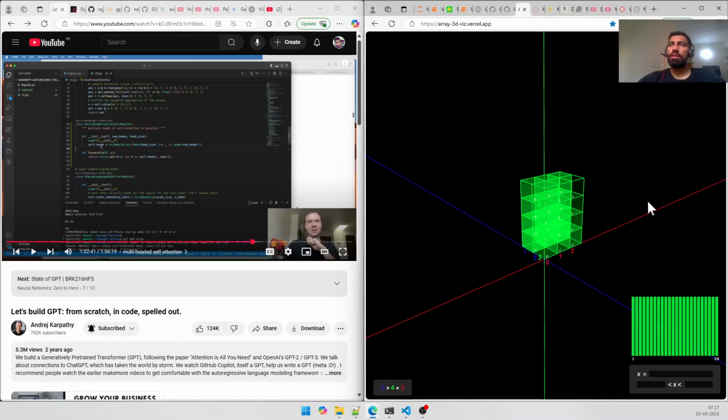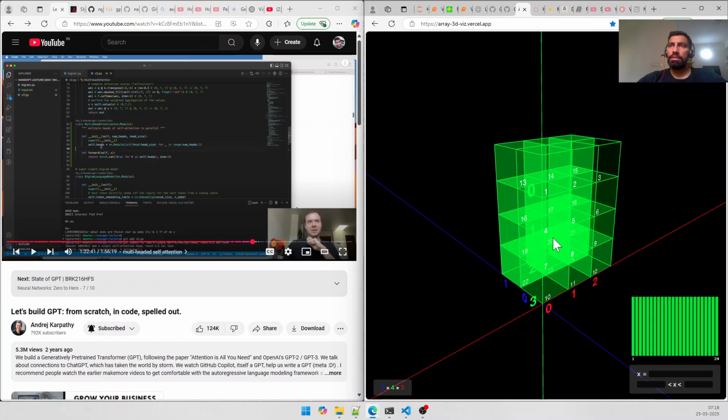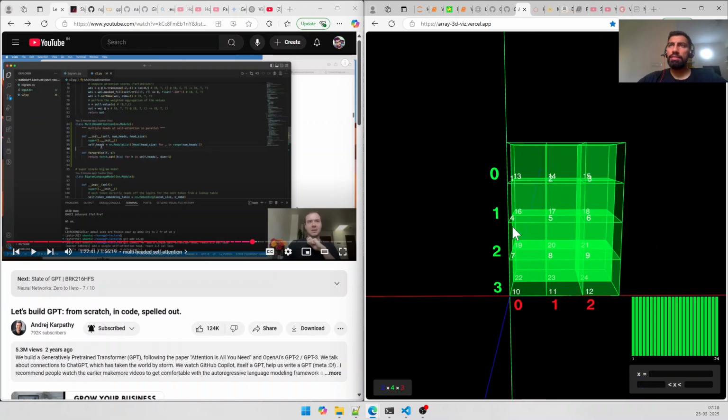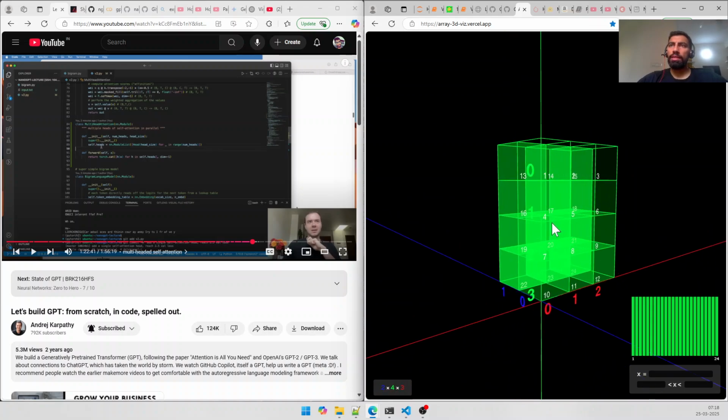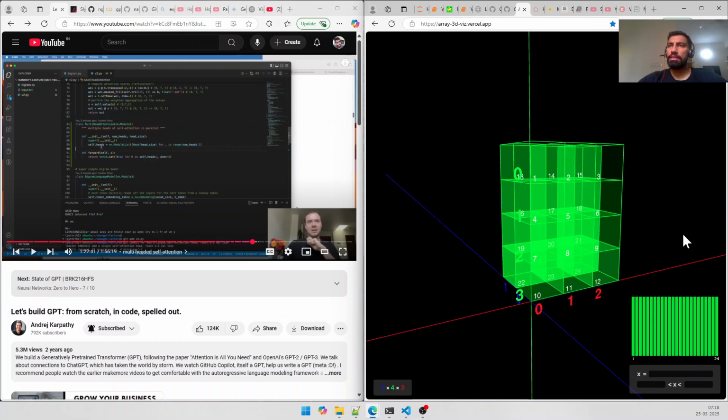The last dimension I mentioned is concatenated across this, so the next ones will sit on top of this. So here we have 10, 7, 4, 1, 22, 19, 16, 13, like that. Another one will have, let's say, 11, 8, 5, 2 in place of this.